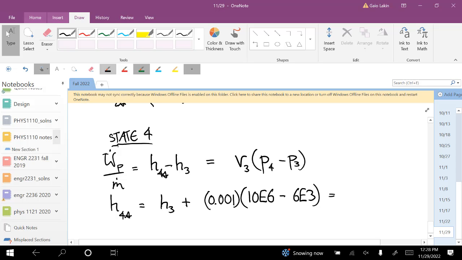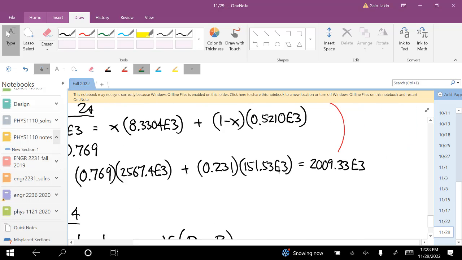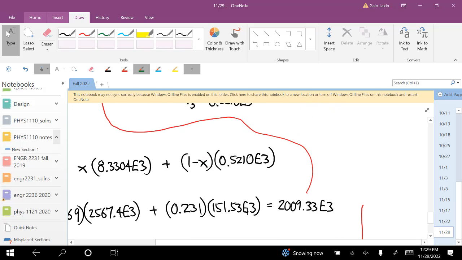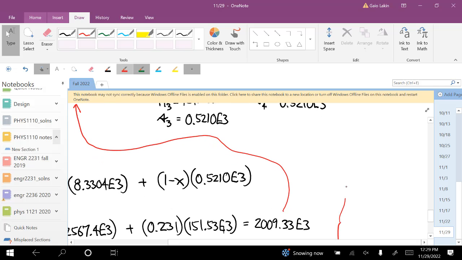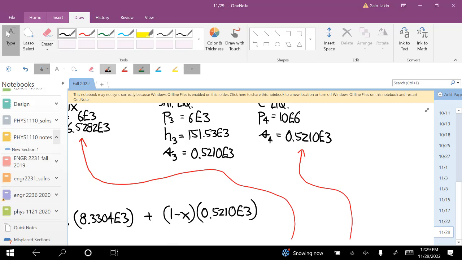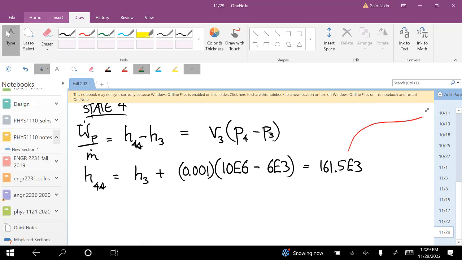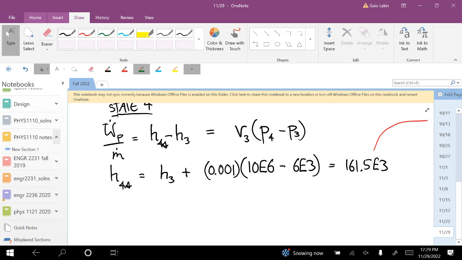Plug all the values in, and you get 161.5 times 10 to the 3rd. And so now we have our H4S. And now we have all 4 of those enthalpy values. We can calculate pretty much anything we want with what we have.